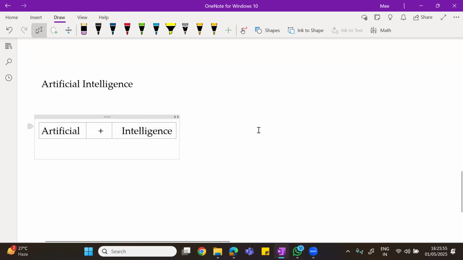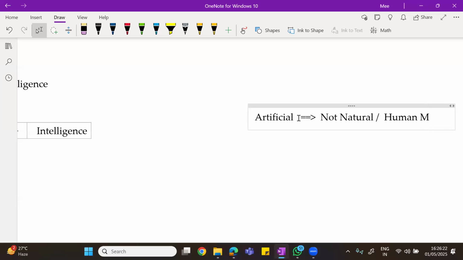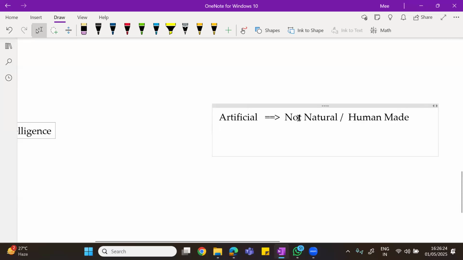Now let's talk about artificial. If you remember, I told you yesterday, artificial means which is not natural. Simply, if I ask what artificial means, you will say, which is not natural, which means it is man-made or human-made. Let's take a simple example: artificial flowers.